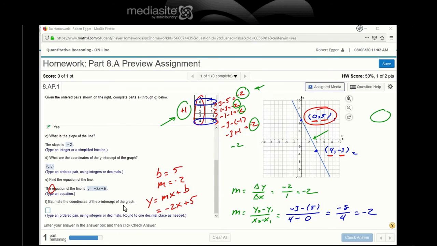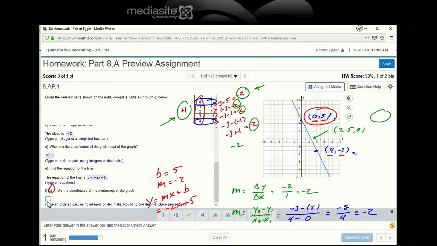I'm going to say it's about 2.5 ish. Remember, for x-intercept, y always is 0. For y-intercept, x is always 0.